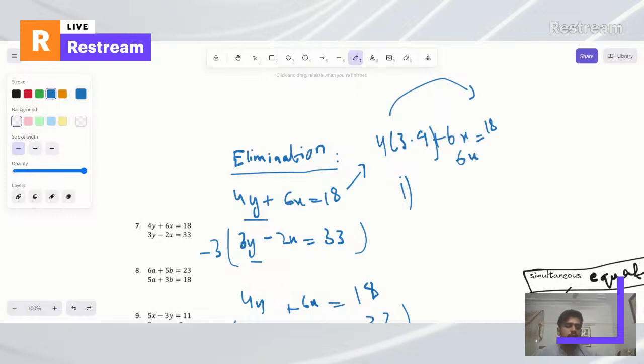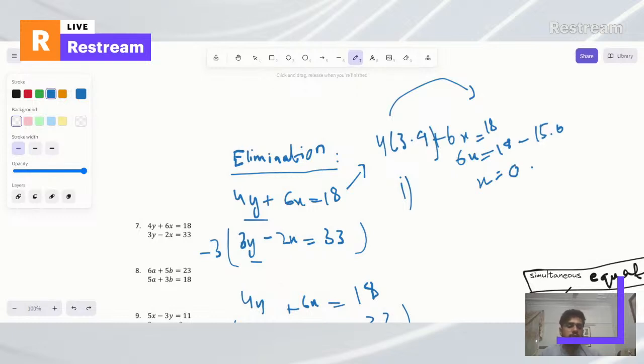So 6x equals 18 minus 15.6, right? And then we're going to divide the whole answer by 6. So 18 minus 15.6 becomes 2.4, and then divided by 6, the final answer would be 0.4.